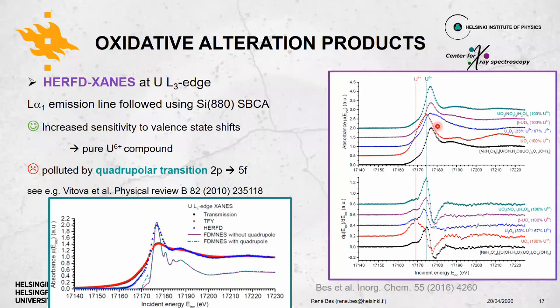So for the 6+, it's okay. If you can deal with the quadrupolar transition, and if you are going to make calculations, you are pretty sure to obtain very nice results. For the M edges, it's still complicated. So that's nice: we do not have to deal with additional transitions in the spectrum, so we can have direct information.